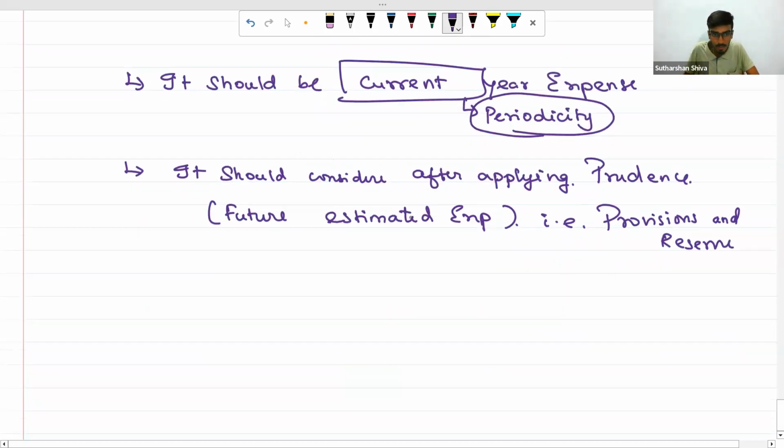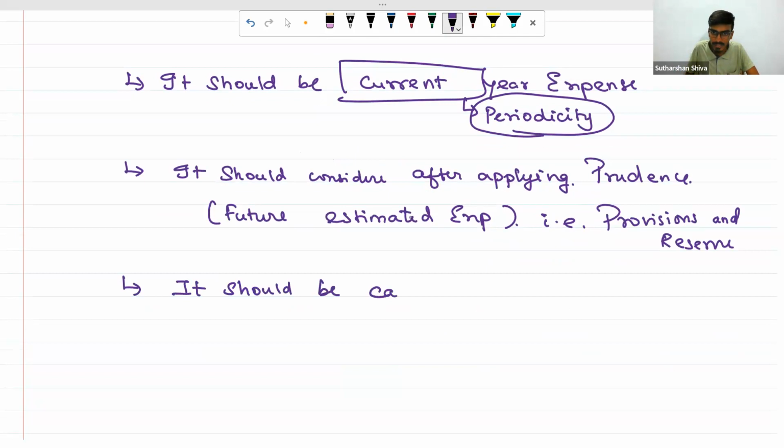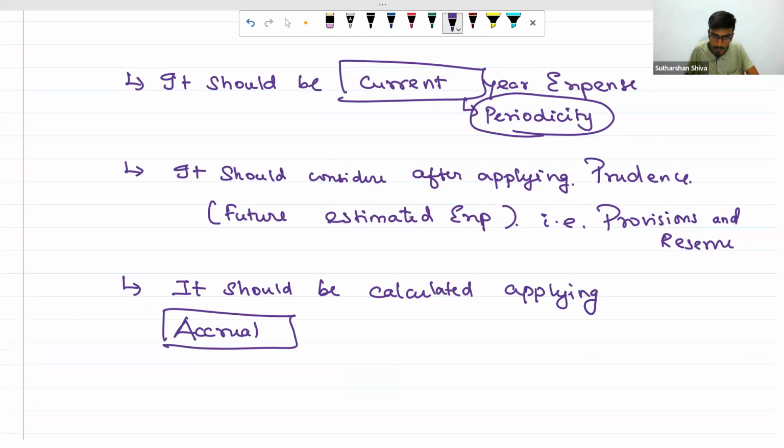After that, one more point should be considered. Indirect expenses should be calculated by applying the concept of accrual basis. What is an accrual basis?